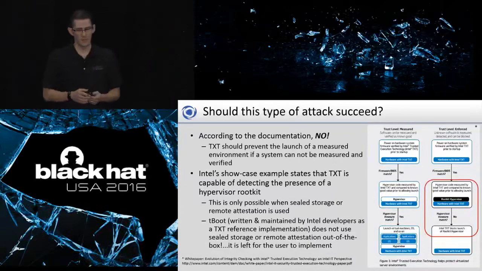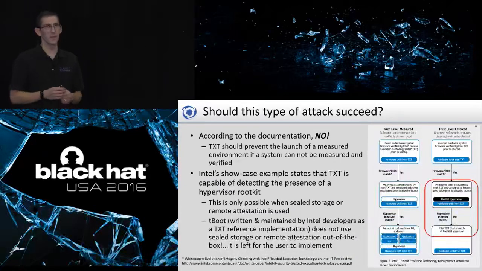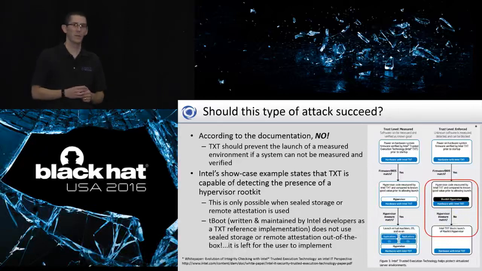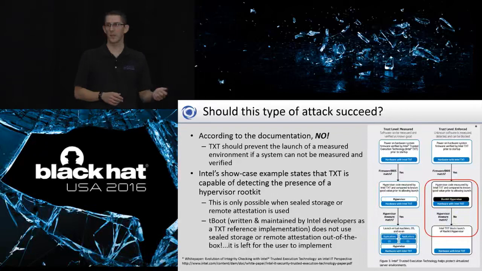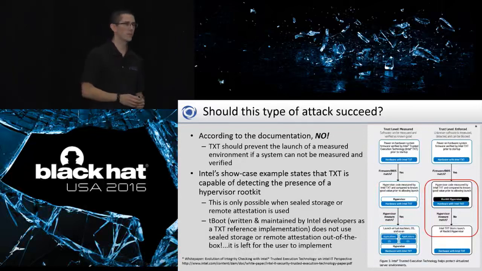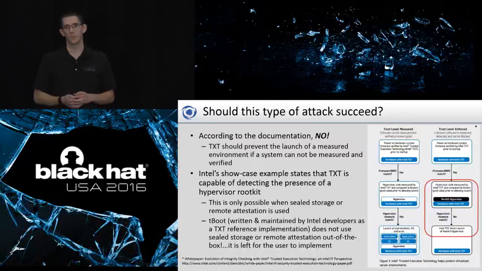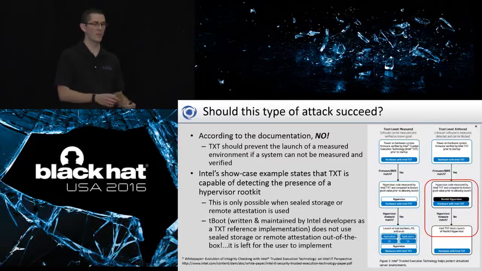So, interesting thing, this graphic on the right comes out of Intel's white paper talking about TXT, and circled in red, they specifically talk about the case of a rootkit hypervisor as the quintessential test case threat model that they're defending against, and specifically say that a hypervisor rootkit will be detected and the measured launch will fail.